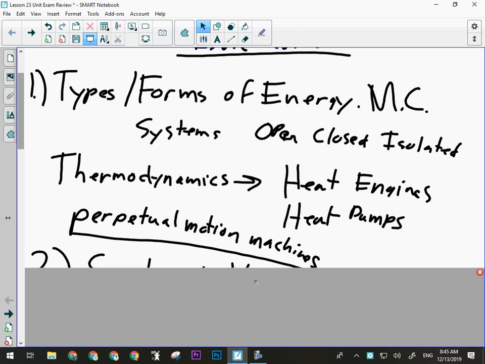The second law of thermodynamics is that heat energy flows from hot to cold. Be able to apply those to a situation and explain what would happen based on your understanding of heat transfer. That's definitely going to be somewhat in the multiple choice, but also somewhat in the written.